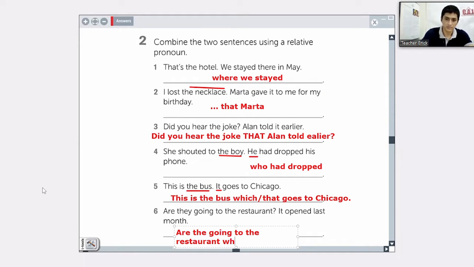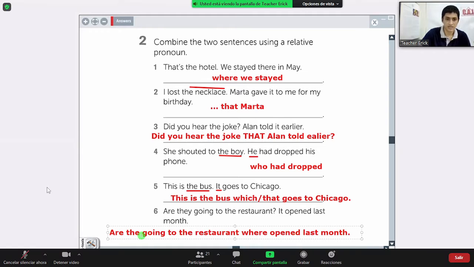Were opened. So, do you all have the same like this? Are they going to the restaurant were open?